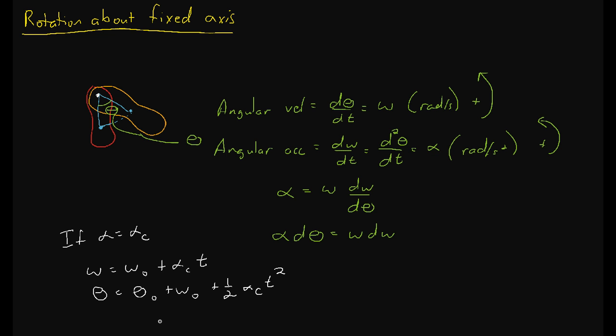Sorry, I don't think I can go back in and add that right now, but it should be omega naught t plus 1/2 alpha c t squared.